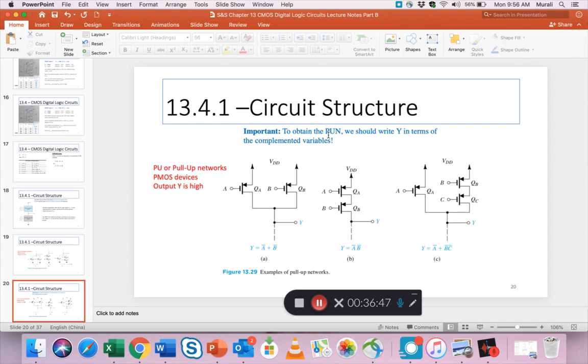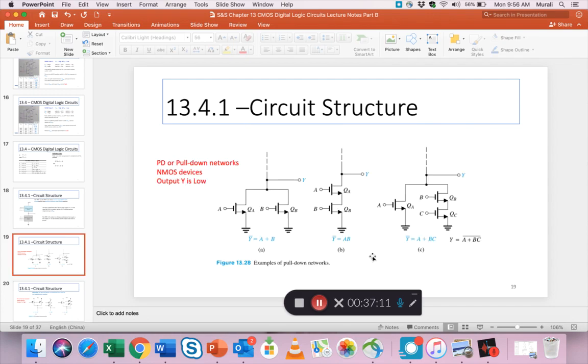To obtain the PUN, right, the pull-up network, that means this top portion, we should write Y in terms of the complemented variables. So what does that mean? You'll see that as you go forward. Here, you notice that the equation is written in terms of the complements, right?